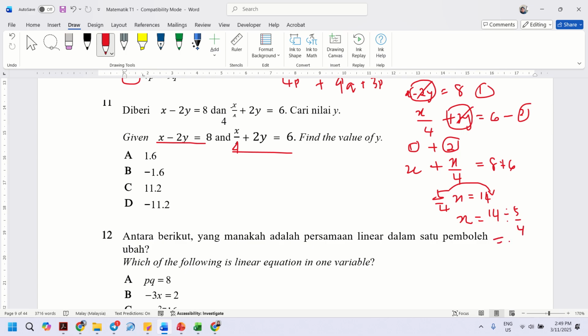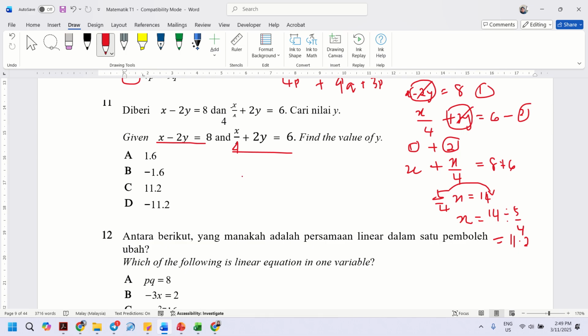What is the answer? 14 divided by 5 over 4 gives 11.2. Even though there is 11.2, you have to remember it is x equal to 11.2.